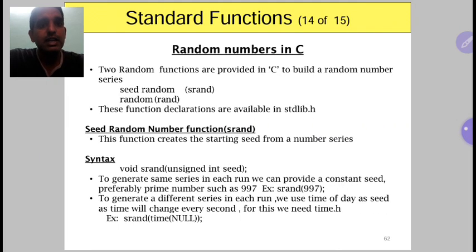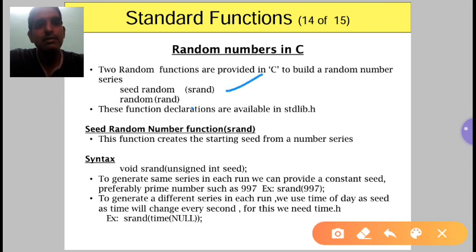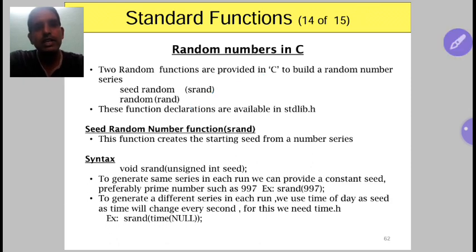We have two types of functions for random numbers. One is srand and the second one is rand. With srand, we generate different random numbers in different calls, while the general rand will usually give you the same random numbers. What I mean to say is, if you call simple rand 3 times, it will give you 3 random values, let's suppose 1, 2, 3.